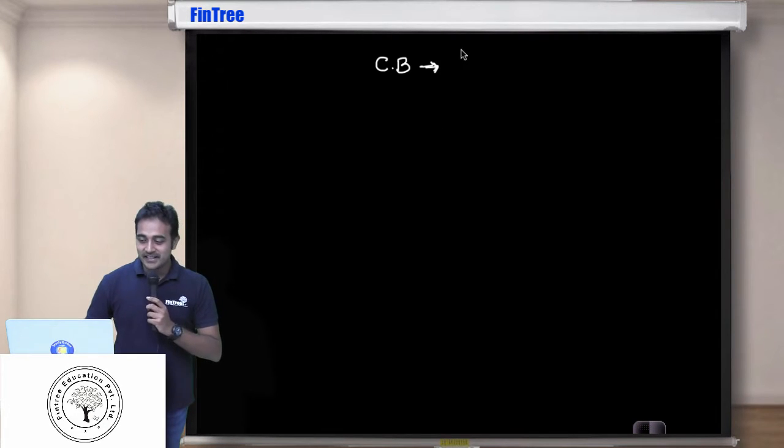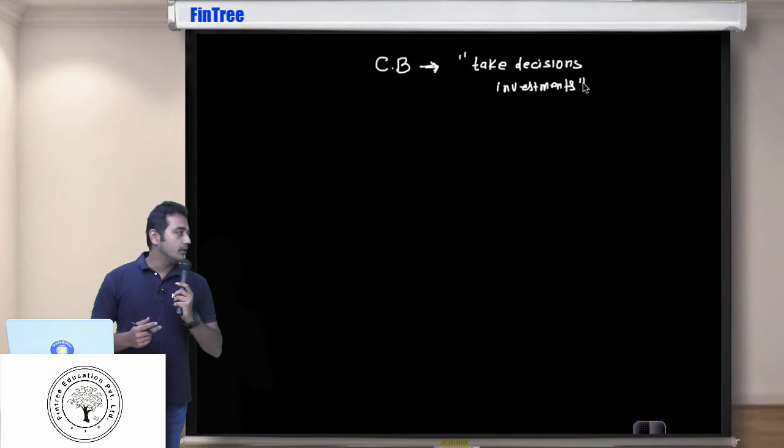Capital budgeting is to take decisions primarily about business related investments. And then at L1 we looked at some of the metrics which we use for taking decisions.